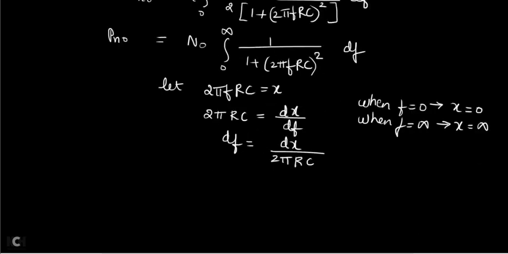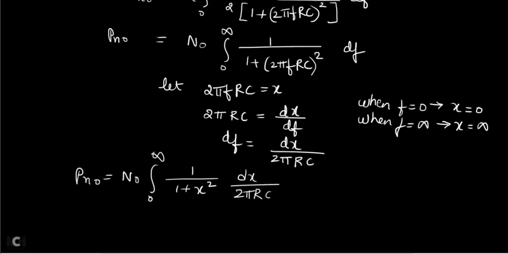Now substituting all this in your integration, Pn0 is equal to N naught integration 0 to infinity only, 1 divided by 1 plus x square into df. df is what? dx divided by 2 pi RC.